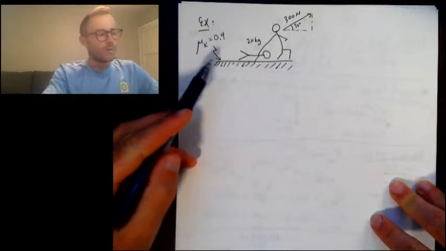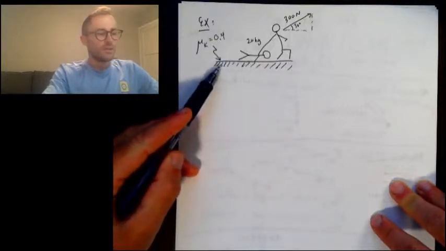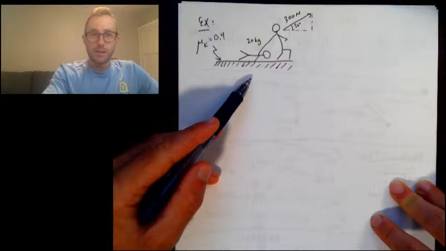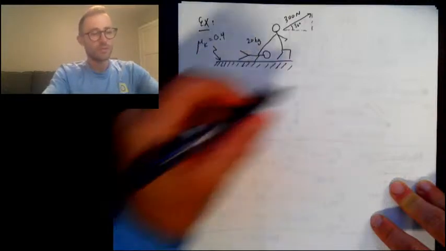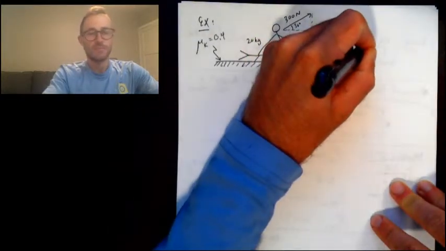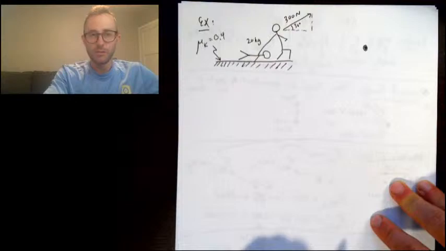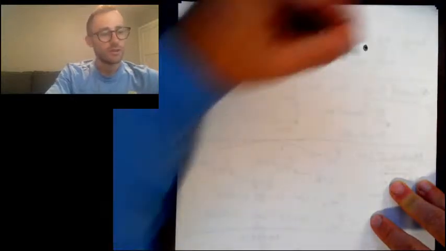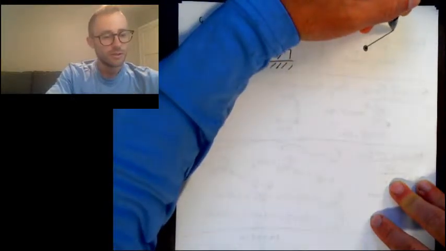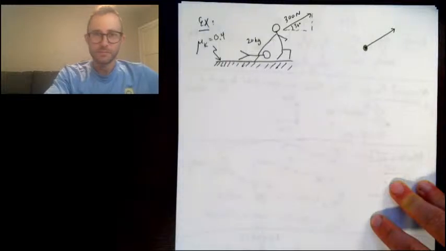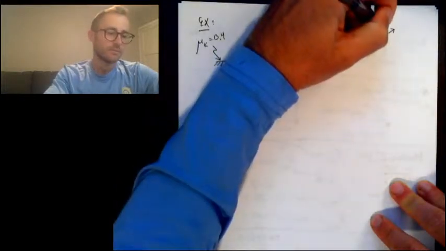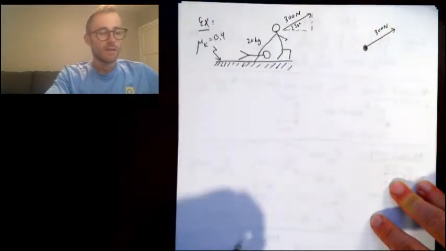So what I'm going to do is I'm going to represent this as a free body diagram. Okay, so I'm representing the child as a dot. And then I'm looking at the forces that are acting on the child. So there's the 300 Newton diagonal force. Okay.